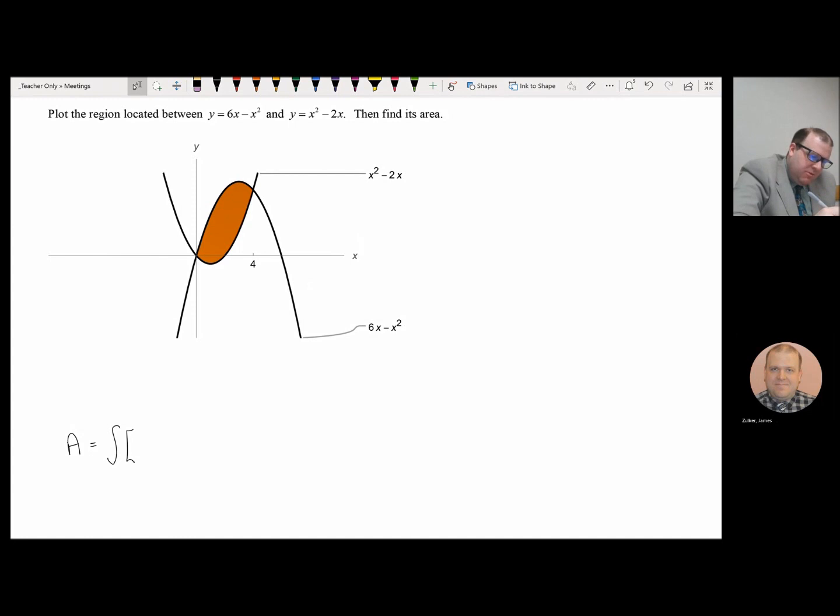And therefore, what was it? 6x minus x squared, all minus x squared minus 2x. What about the interval? And so there's the setup. Simplify it.